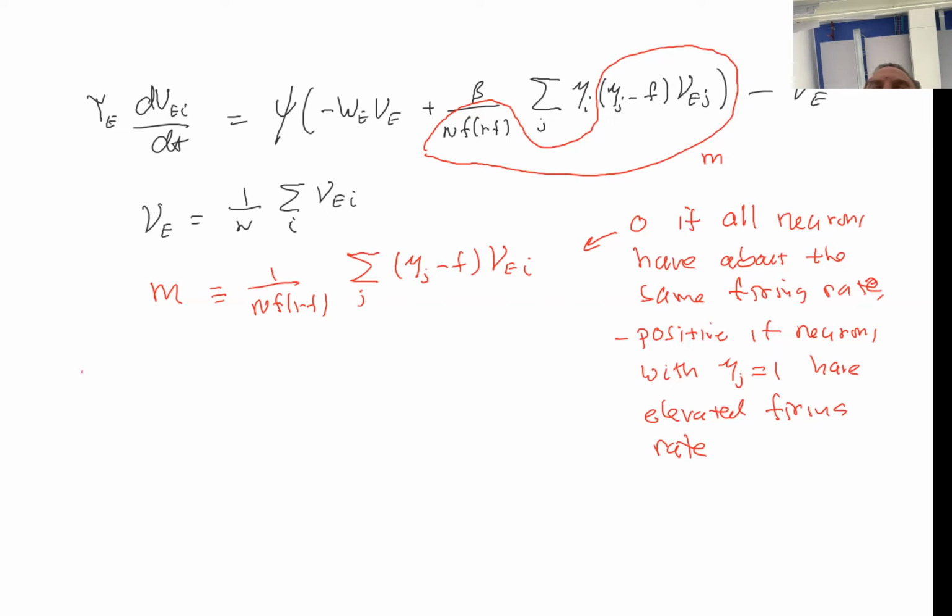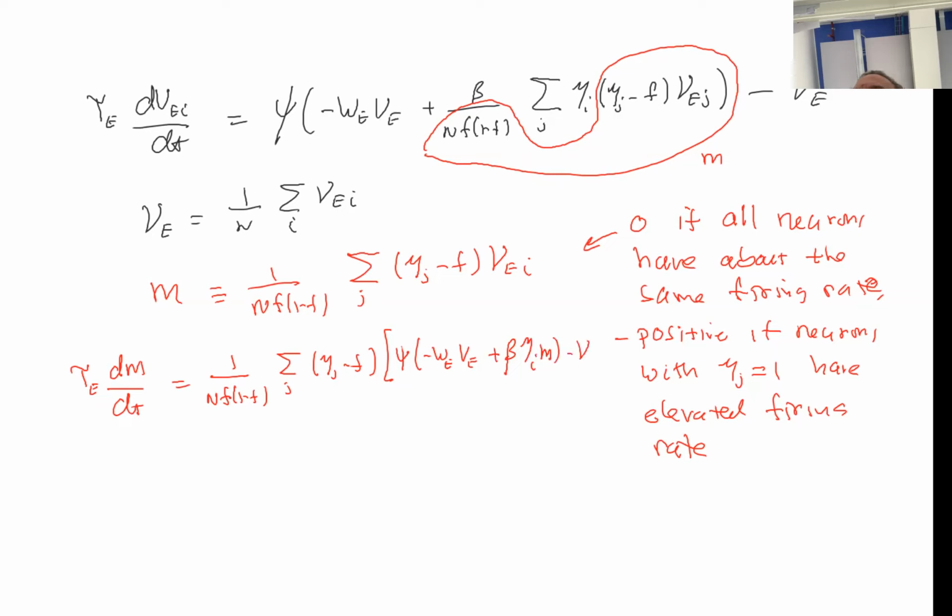So we write down tau e, just like we did before, dm dt equals 1 over n f 1 minus f, the sum on j of eta j minus f nu ej, which is psi of minus we nu e plus beta m, plus beta eta I m, minus nu ej. So I missed, this is a nu EI.